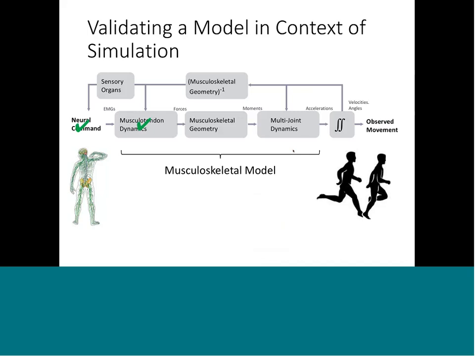By comparing moment arms to experimental data, we're confident that our muscle geometry accurately describes how muscle force is converted to joint moment. And finally, by checking that in our forward simulation, the joint moments produced by muscles are sufficient to produce the observed movement, we check off the last couple boxes in our flowchart.